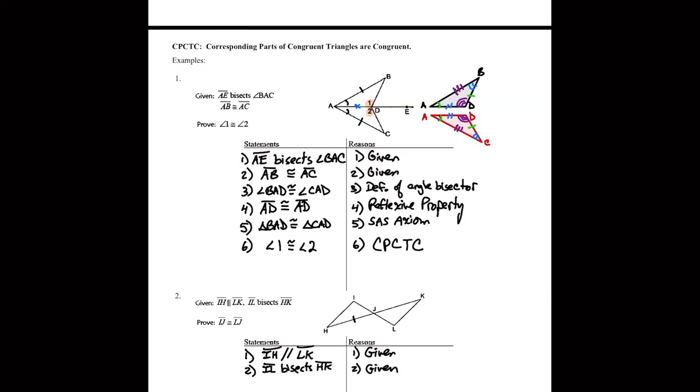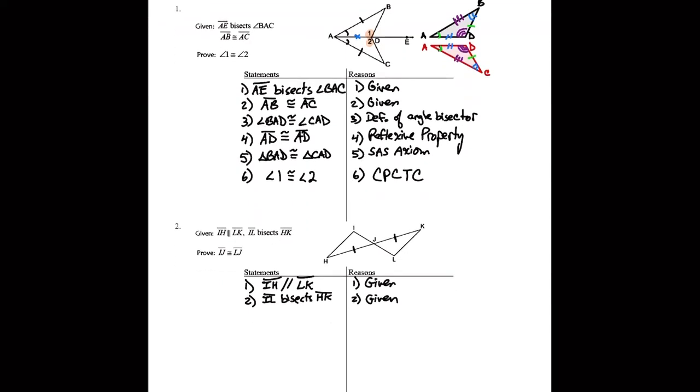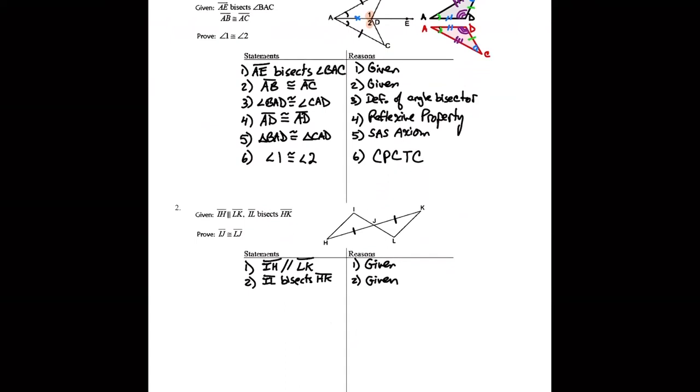So we can now conclude that HJ and KJ are congruent to one another. So HJ is congruent to KJ, and that would be by definition of segment bisector.